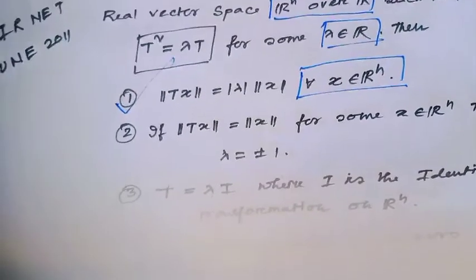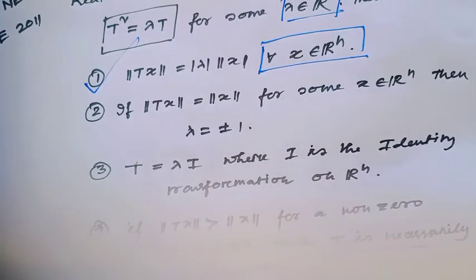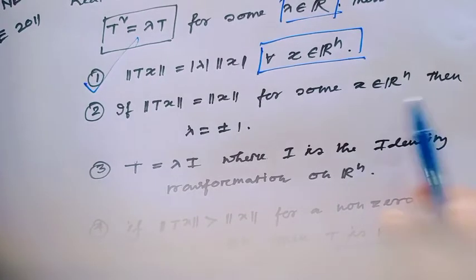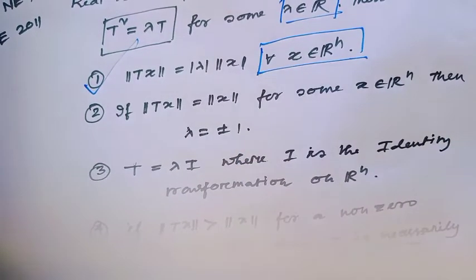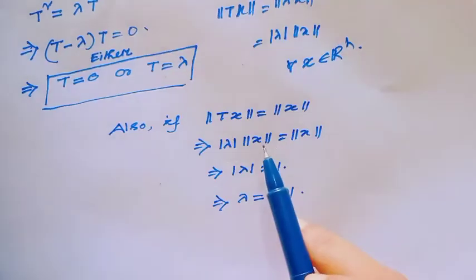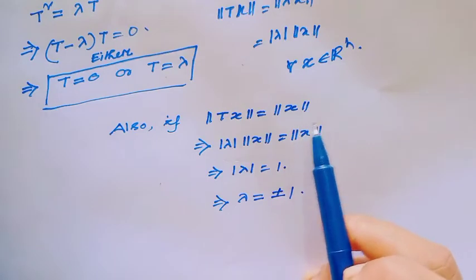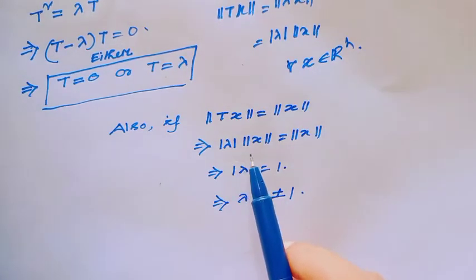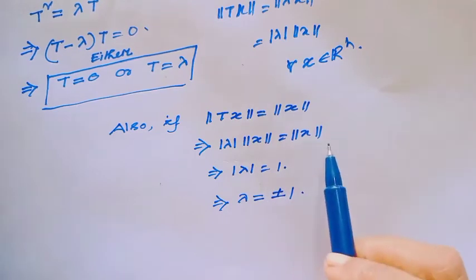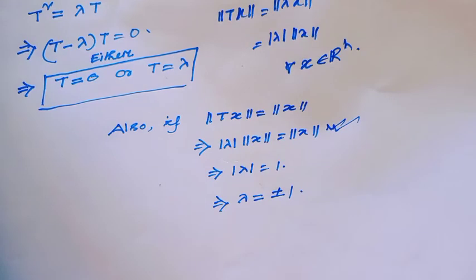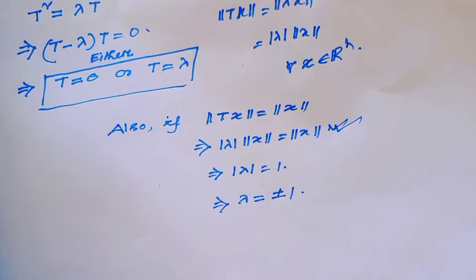And option 2 indicates if norm Tx equal to norm x for some x belongs to Rn, then lambda equal to plus minus 1. For this option, since norm Tx equal to norm x, that implies absolute value of lambda times norm x equal to norm x. From this expression, obviously absolute value of lambda equal to 1.